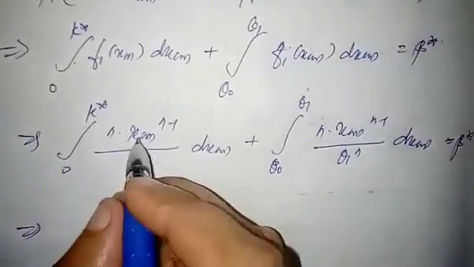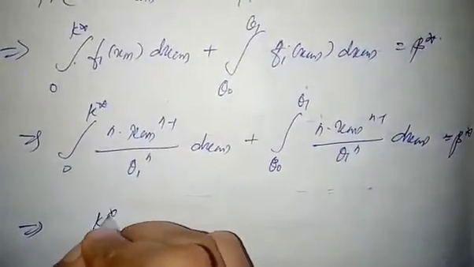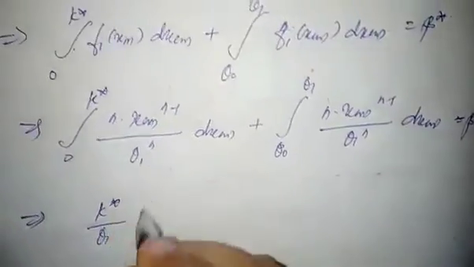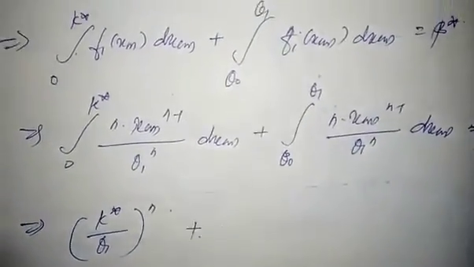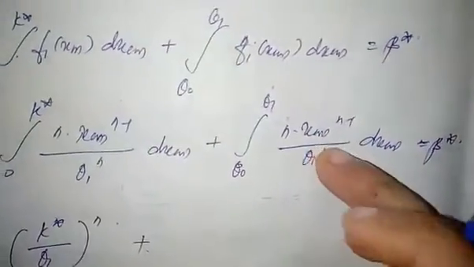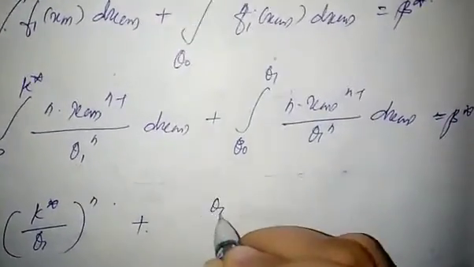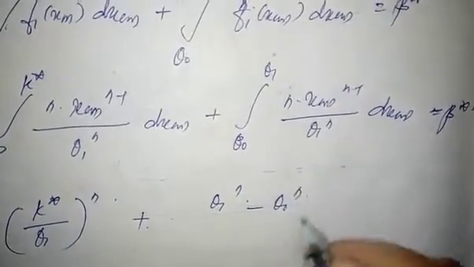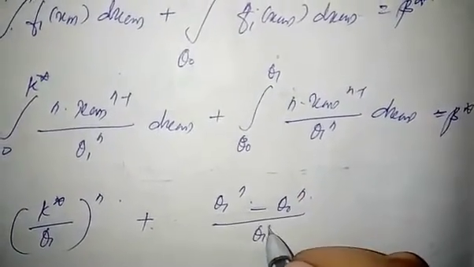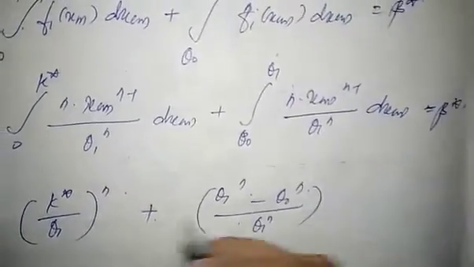So integrating these terms, we get k star divided by theta 1 power n, plus, integrating this term, theta 1 power n minus theta naught power n divided by theta 1 power n, right?